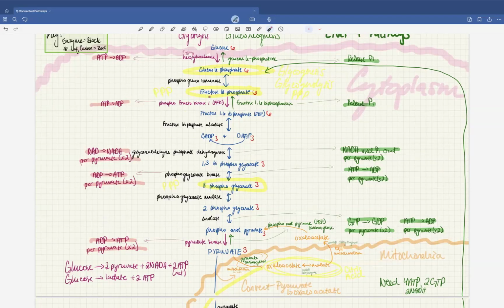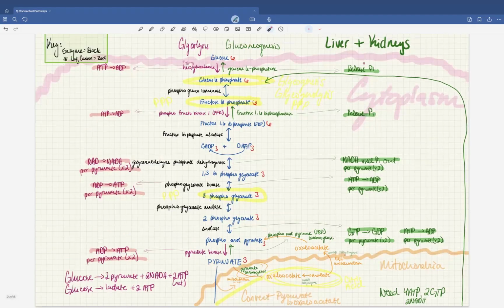And then we will convert fructose 6-phosphate into glucose 6-phosphate using the same enzyme as glycolysis, phosphoglucoisomerase. And then glucose 6-phosphate will be converted by glucose 6-phosphatase into glucose. Again, since we used an ATP over here, we'll be releasing a phosphate group in gluconeogenesis. So most of gluconeogenesis takes place in the cytoplasm, except for a little bit in the mitochondria, and all of glycolysis occurs in the cytoplasm.